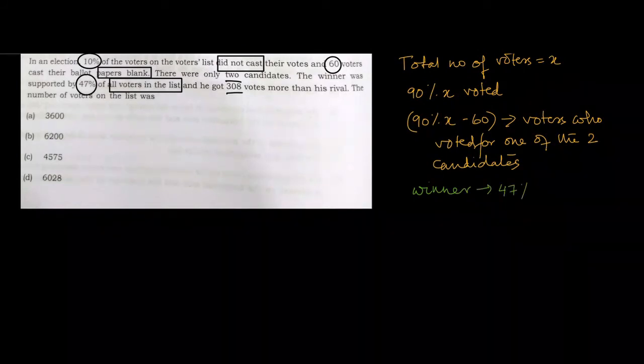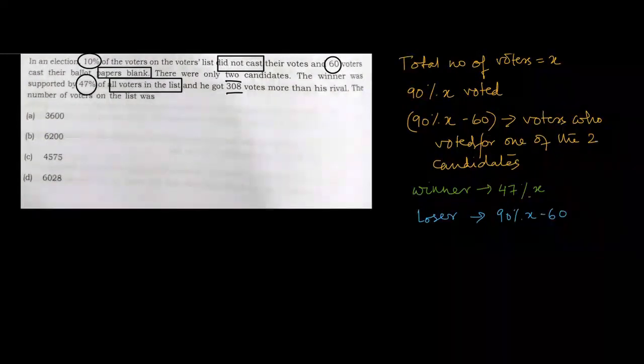Now the winner got 47% of the total votes, so 47% of x. So therefore the loser will get 90% x minus 60, which is the number of voters who actually voted for one of the 2 candidates, and 47% x voted for the winner.